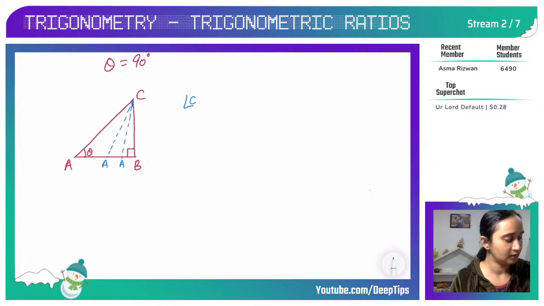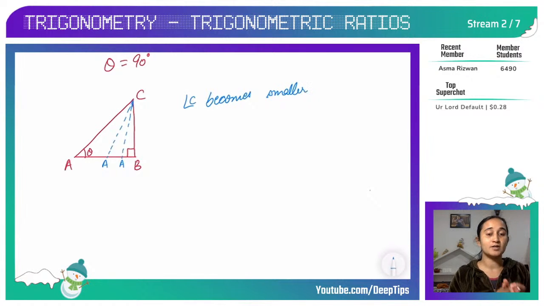So angle C becomes smaller than what it was because angle A is increasing. We know that in a right angle triangle, two angles, angle A and C, depend on each other because we have kept angle B at 90 degrees. So when angle A is increasing, angle C is decreasing, right? And the length of AB is also decreasing.